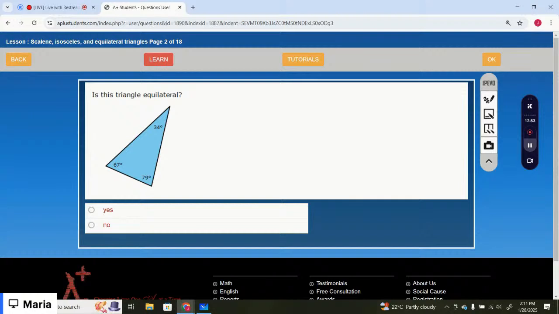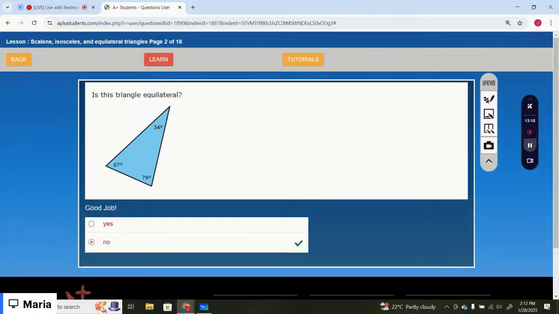Is this triangle equilateral? That is not an equilateral triangle.